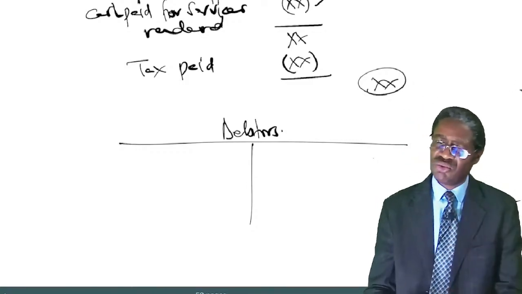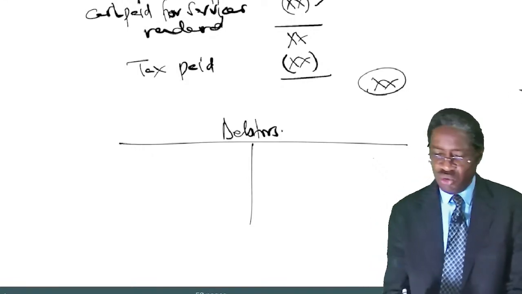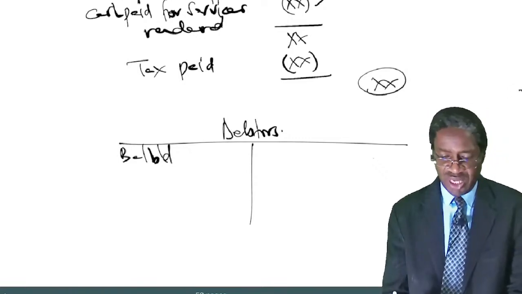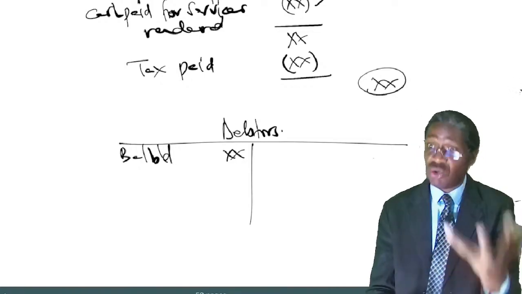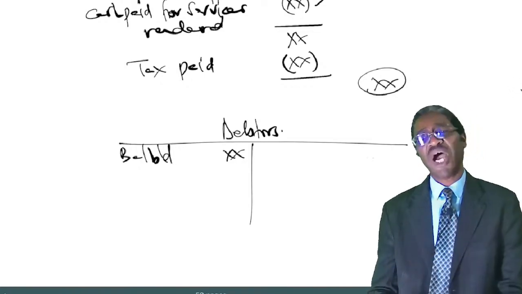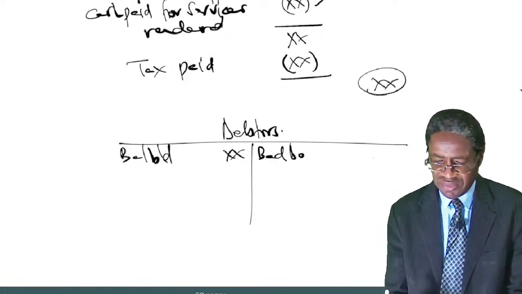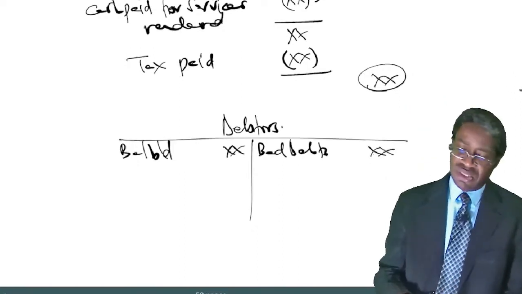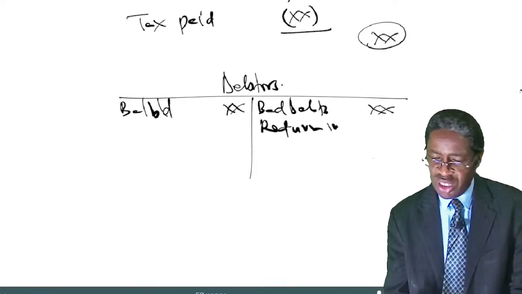Just to remind you, when you used to prepare control accounts, you had to start with the balance at the beginning of the year, the balance brought down for the debtors, whatever it is. Then from the question, you had to find out what else affects debtors. Maybe there were bad debts, which are normally credited. Another one could be returns inwards; if there were any, you usually had to credit.